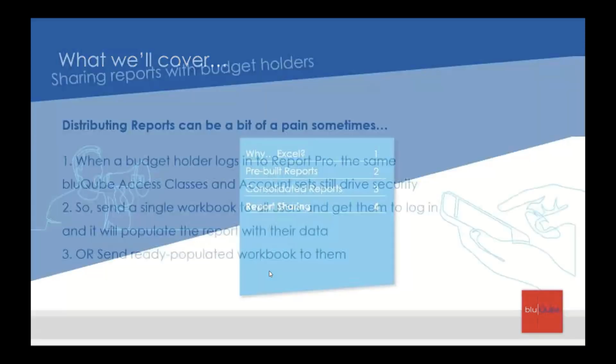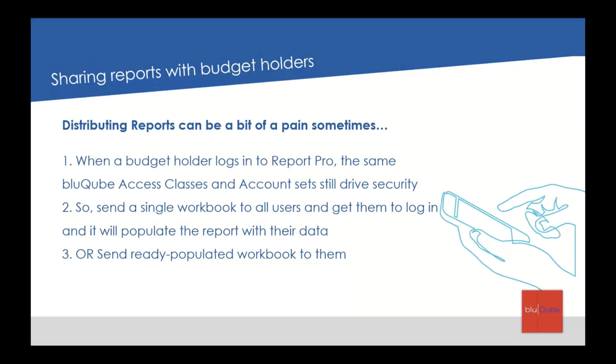Sure. Let's go through. So the point here is that when a budget holder logs into the Report Pro app, and I'm going to do that in a moment, the principle is implied by looking at the workbooks. When you log into Report Pro, it's using the same access classes and account sets that drive the access security when you're logged into bluQube.